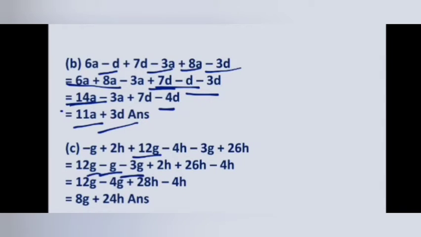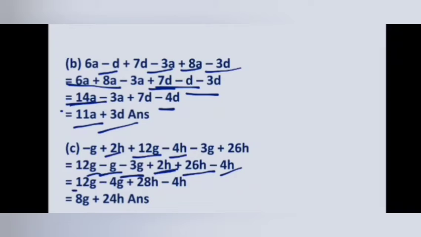Done with that, we go to the terms with h. The positive one first is 2h plus 26h, followed by minus 4h. Hope that was very clear.